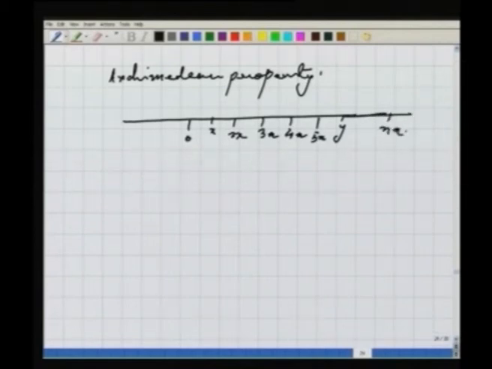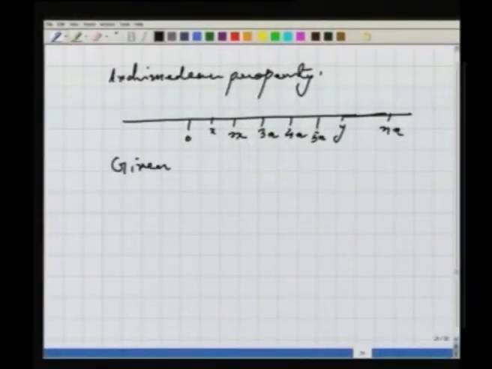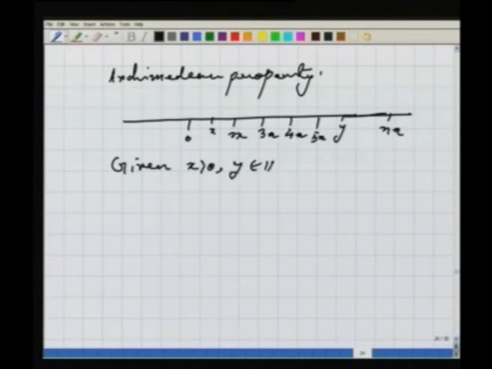That is what the Archimedean property says. That is, given any x bigger than 0 and y an arbitrary real number, there exists a natural number n such that nx is strictly bigger than y. And as you must have noticed, if y is actually a negative real number, that is, it is less than 0, then there is no point in trying to prove it, because it is obviously true.